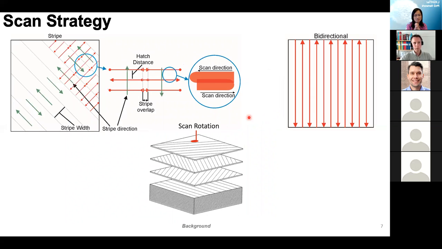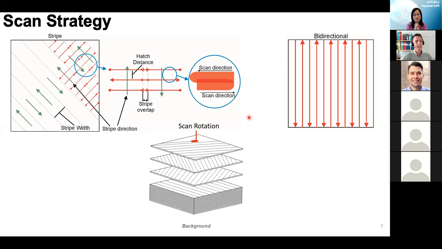So now we have talked about the laser, and now we're talking about how we are moving that laser. So once again, here we have maybe 10 different types of scanning strategies and scan rotations and so on.